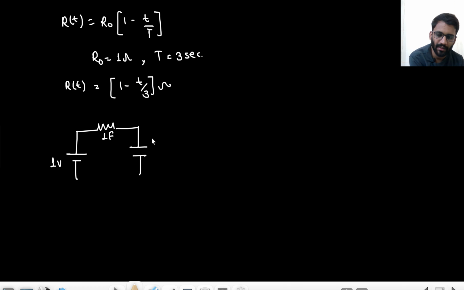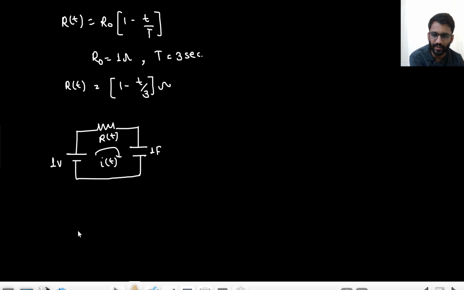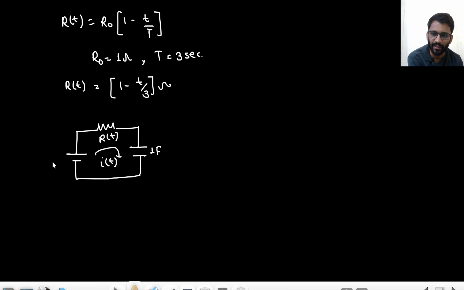Again, this is RT and this is the capacitance of 1 farad, and there is this i(t) current flowing. Okay, so instead of 1 I should have written u(t) here, because the switch is closed at t equals to 0. This is closed at t equals to 0, so I should write u(t) here, right?